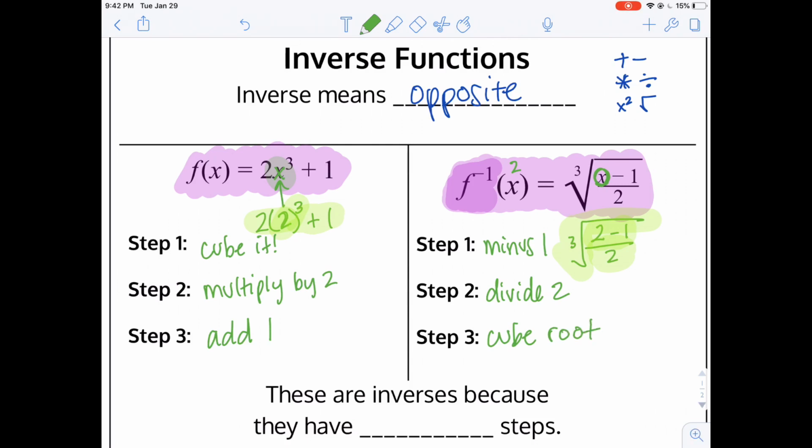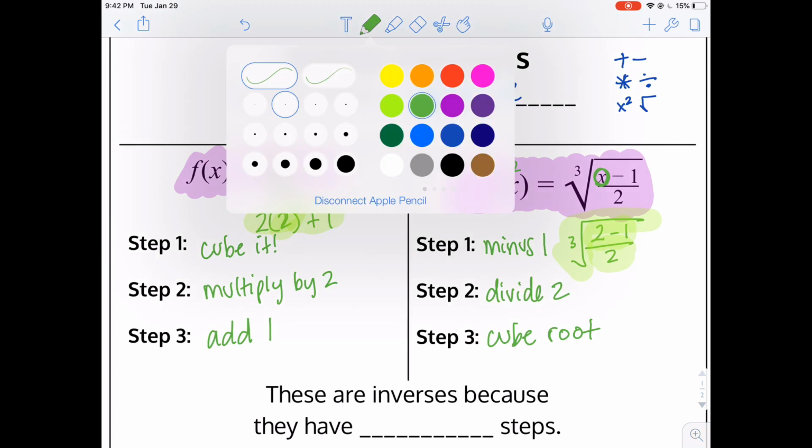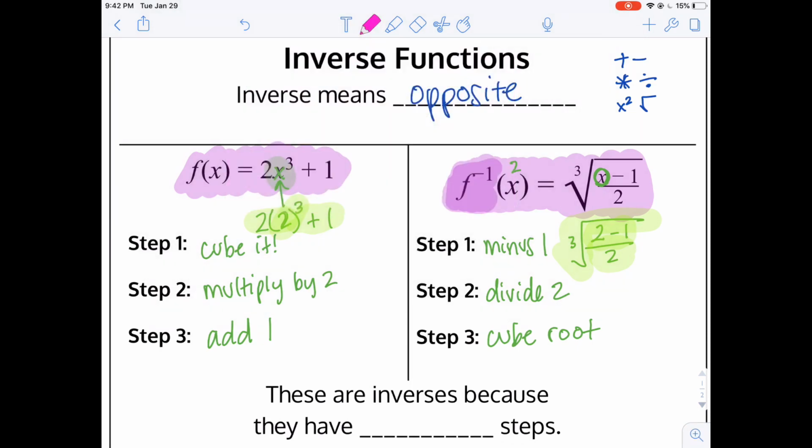What I'm going to do here is look at the steps and see if they are opposites of each other. Step 1 in this one was cube it, and step 3 at the bottom was cube root. Those are opposites of each other, so I could say that those go together. I'm looking at the first and the last.